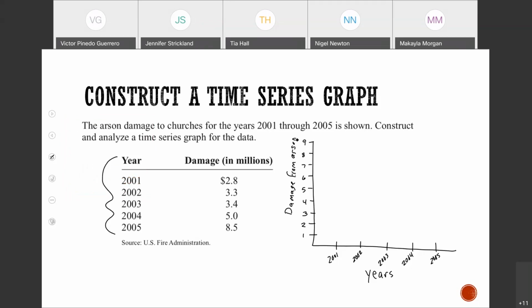All right, and then remember that it's a line graph, so we're basically just plotting points here. So above the 2001 at 2.8, maybe somewhere right in here, I'm going to put a dot. And then the next one is 2002, it's 3.3. Just reconnect as we go. That's just 3.4, so you probably don't see much difference between those two. Almost gonna look flat. 2004, we're up at 5.